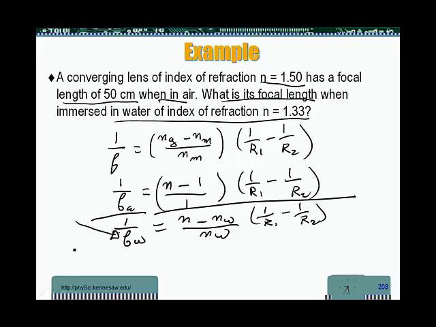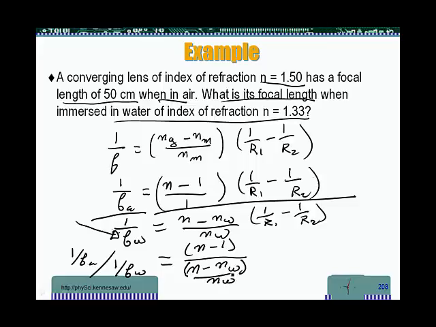So what does that give me? 1 over f air over 1 over f water is equal to n minus 1 over n minus n w, over n w. The terms in 1 over r1 minus 1 over r2 cancel out.